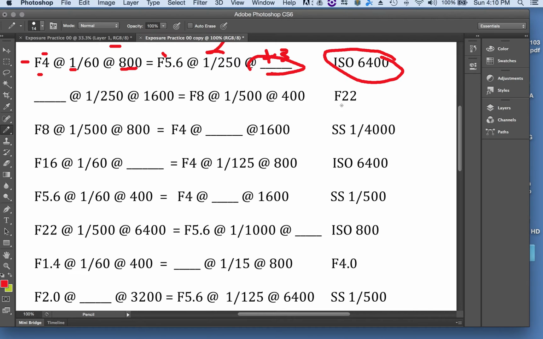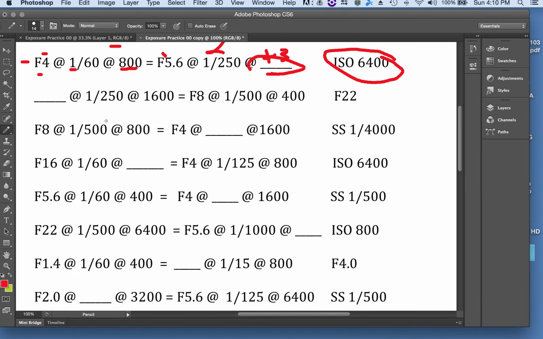That's what goes in right here. All right. So hopefully that makes sense. Once you grasp that basic concept of more light, less light, and then you just simply compare from the blank side of the equation to the other side, compare what your known factors are. Are they more or less? You add them up, you compensate, and you're done.